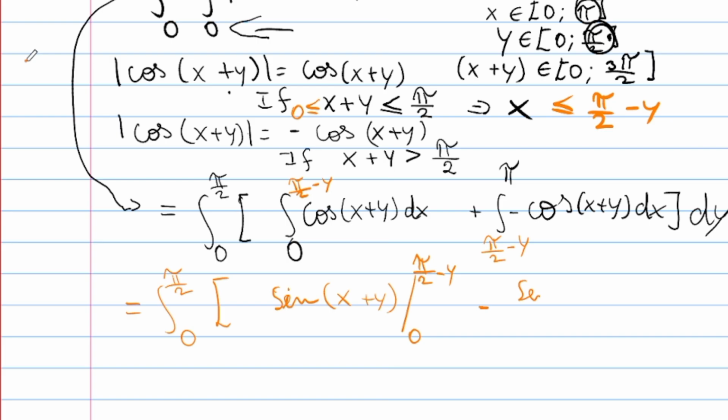As I speak Portuguese, I am used to writing e instead of I, but there's no problem. Sine of x plus y, then we have pi over 2 minus y, dy.